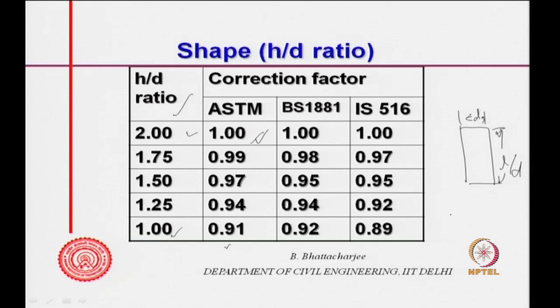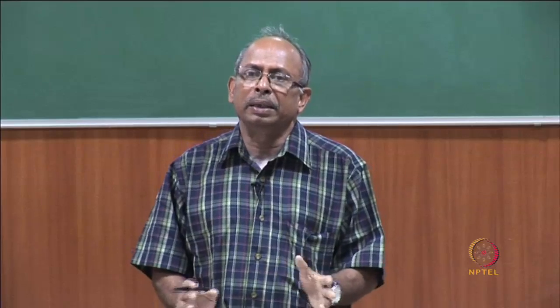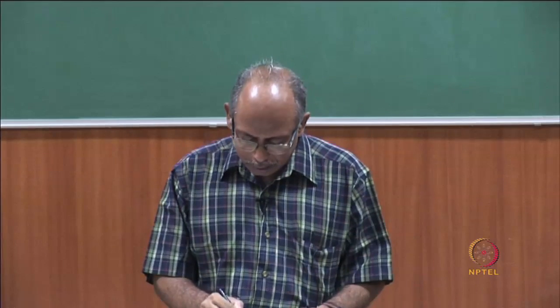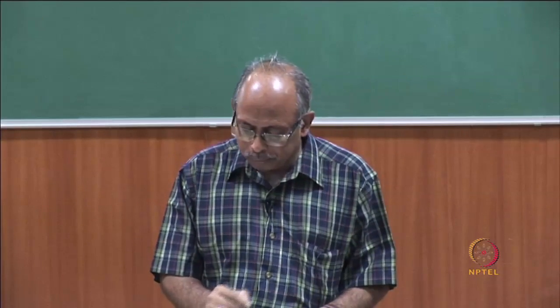So, you can see the strength is higher by 1 by 0.91, around 10-11% higher according to the ASTM code. I mean, this is of course judgmental. If you see the British code, it is 1 by 0.92, and the Indian Standard 516 is 89. So, everybody takes somewhat lower value. That is for core, of course.